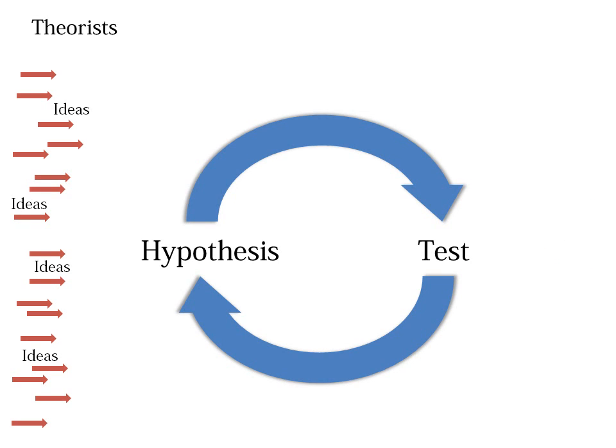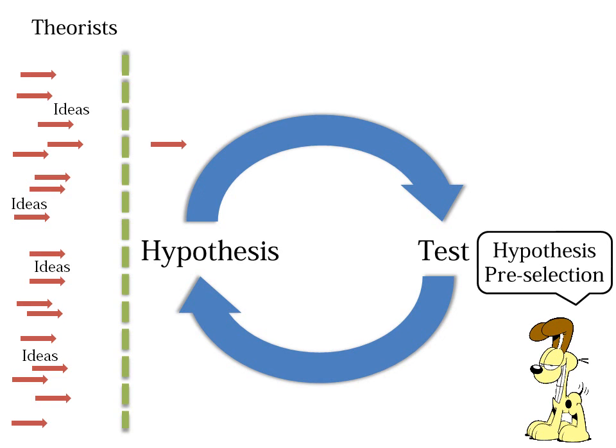What happens in practice is that all these many ideas are heavily filtered by the community, and there are only very few ideas that survive and ever get taken seriously enough to be considered promising and interesting enough to be tested. And just to prove that I can also make up words, let me call this hypothesis preselection.